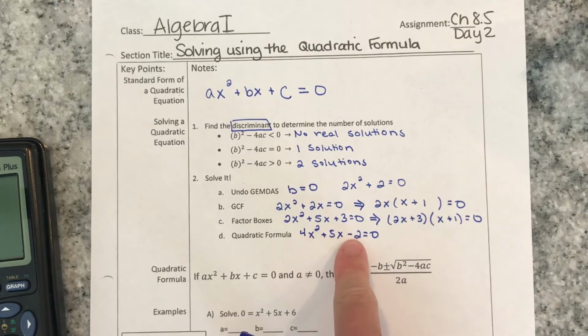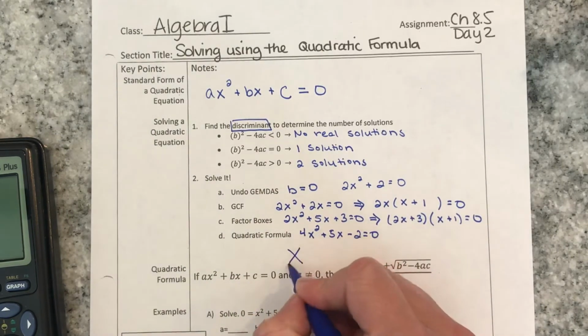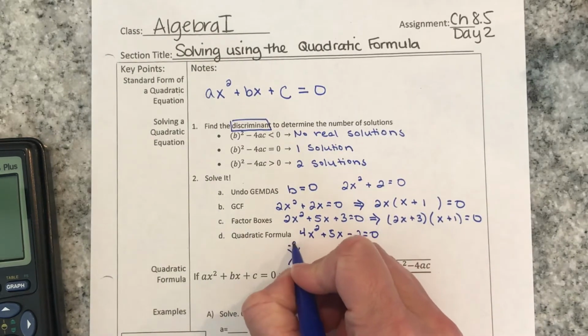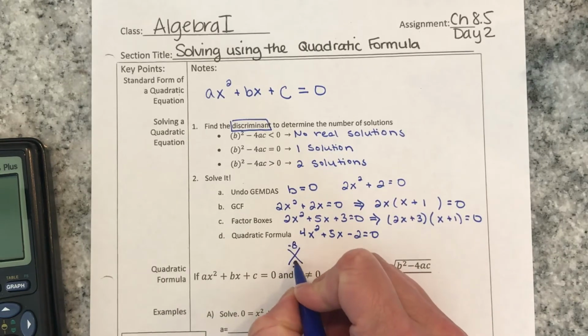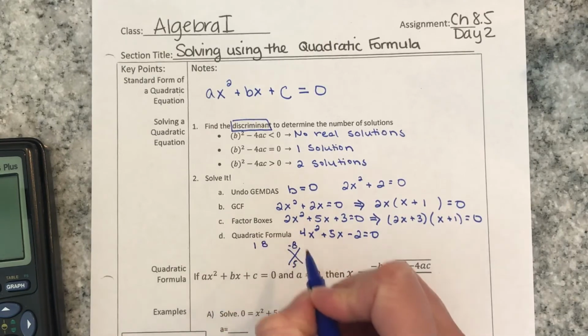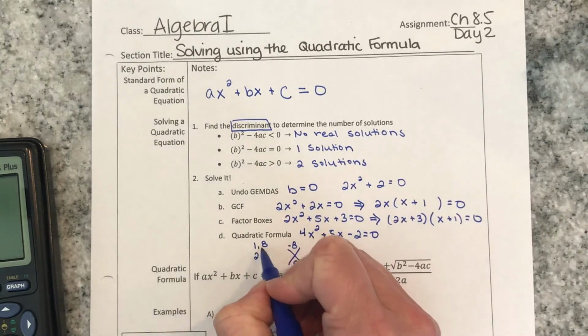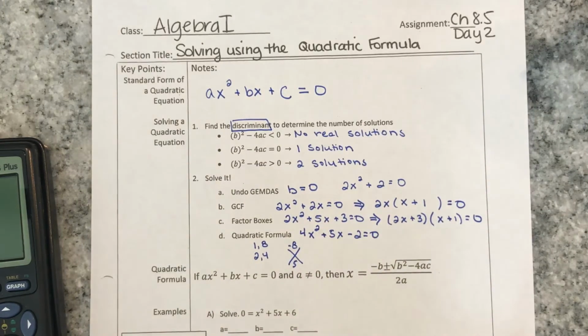I don't have a greatest common factor that I can just pull out to the front and get rid of my quadratic. Can I do a factor box? So is there anything that multiplies to negative 8 but adds to 5? Well, 1 and 8, 2 and 4, and those are my only choices, so there's no way my x would even work.